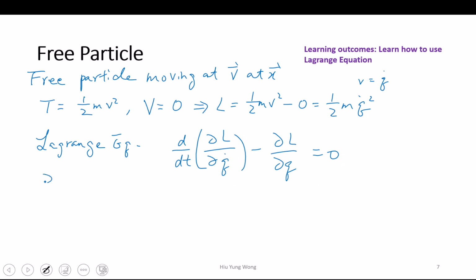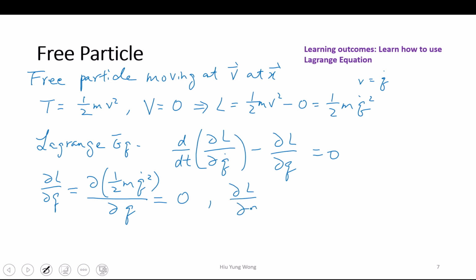So what is partial L, partial q, based on this equation? It means I'm going to do partial of (1/2) m q dot squared, partial q. What is this? 0, right? Because again, q and q dot are independent variables, conjugate, right? So this is 0. Okay? How about partial L, partial q dot? You just told me, which is m q dot, which is mv.